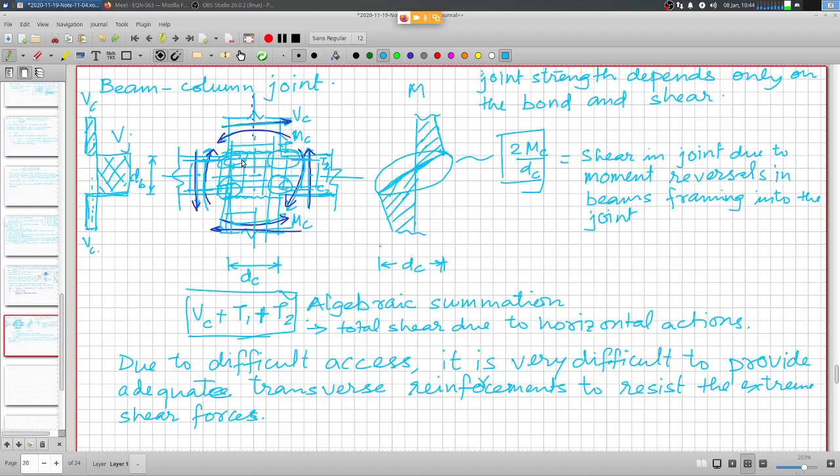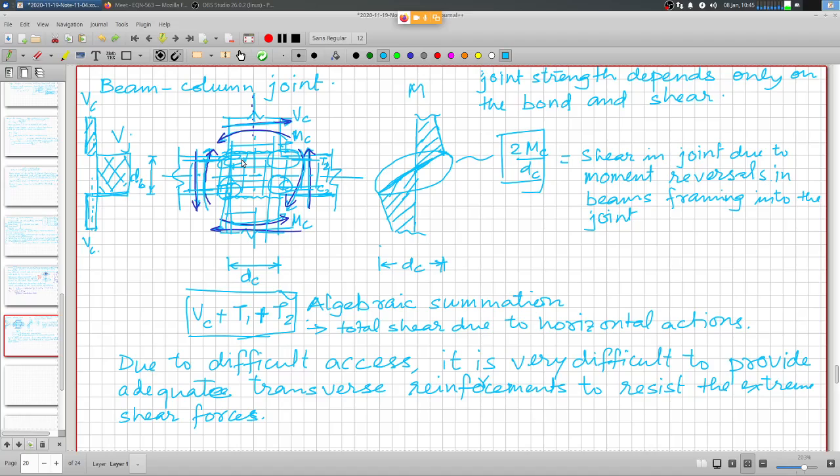There is no way those inelastic deformations in the reinforcement can be accommodated in the joint without deteriorating bond. And once the bond deteriorates, the integral action of course goes for a toss, and we are looking at severe loss of strength.